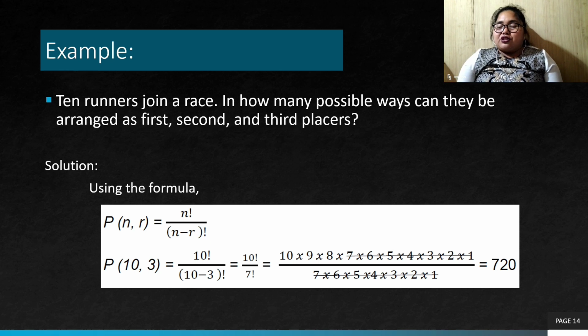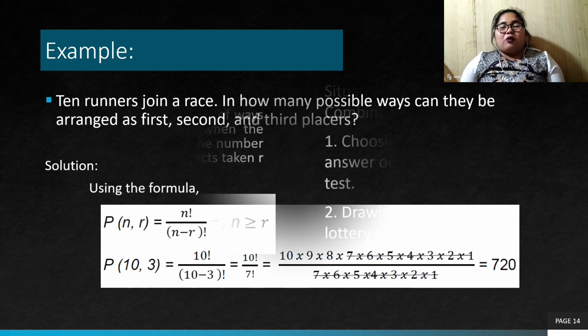We will cancel 7, 6, 5, 4, 3, 2, 1 in the denominator and numerator. The remaining in the numerator is 10 times 9 times 8, so the answer is 720. There are 720 possible ways to arrange the first, second, and third placers.